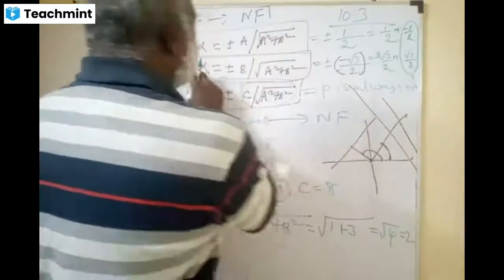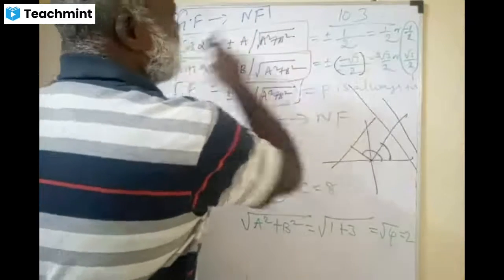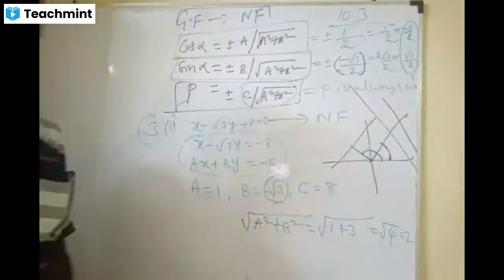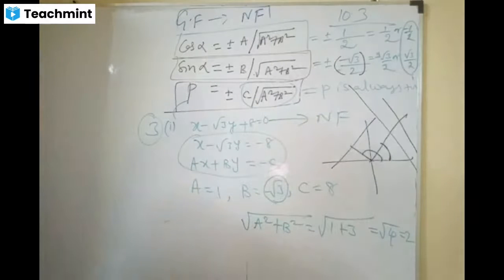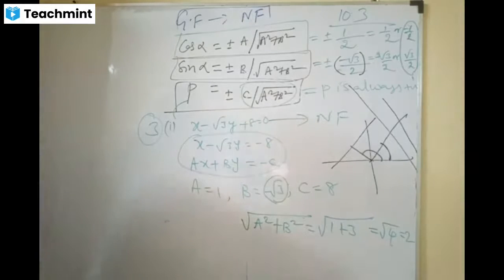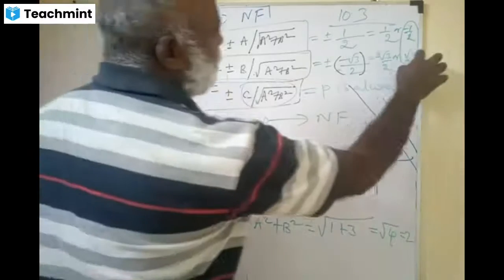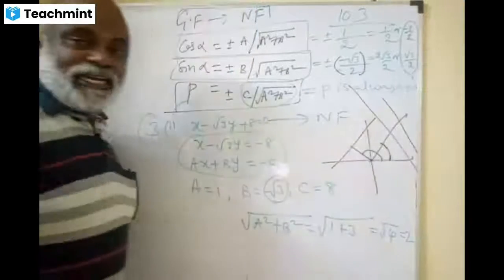Sine is positive. Cos is negative. Which quadrant? Sine is positive and cos is negative, so it is the second quadrant.